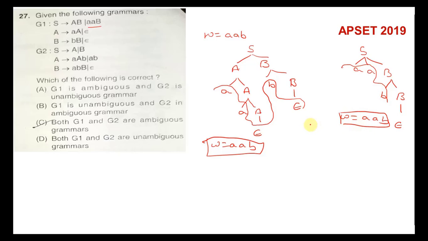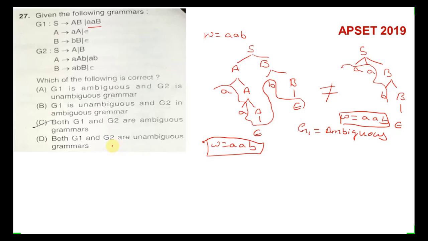It means that for deriving the same string I got 2 parse trees. These 2 parse trees are not equivalent, so this grammar G1 is an ambiguous grammar. Next, take the G2 grammar.